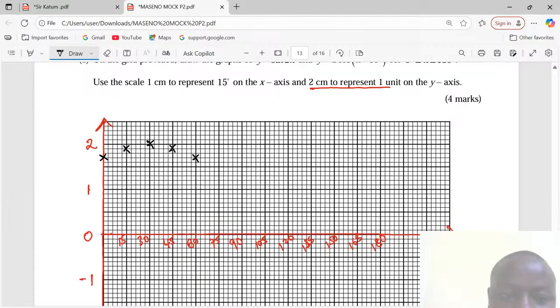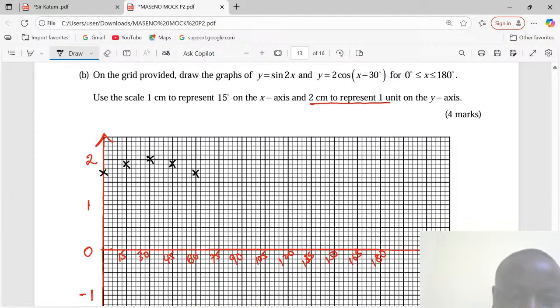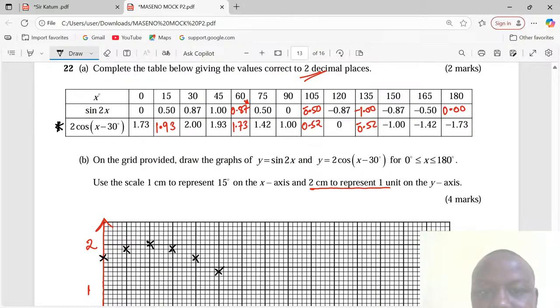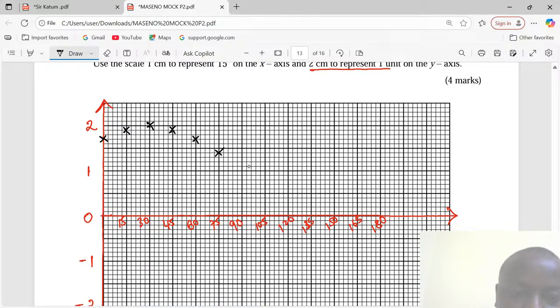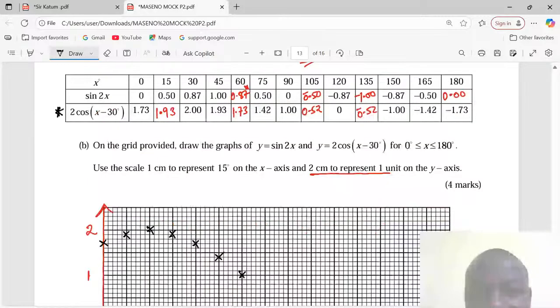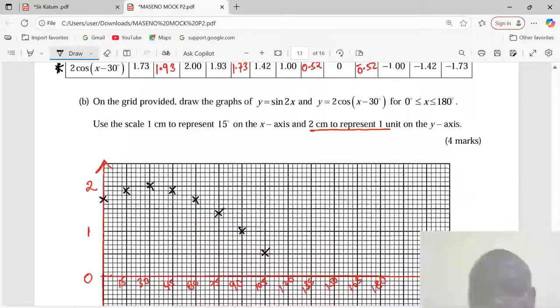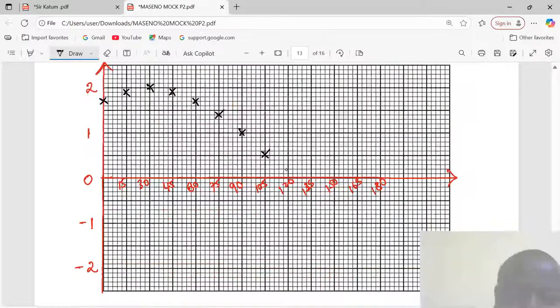75 and 1.4. 90 goes with exactly 1. 105 goes with 0.5. 120 goes with exactly 0.